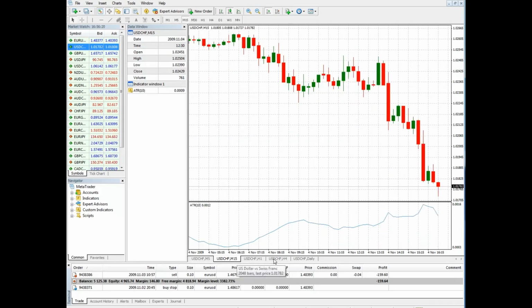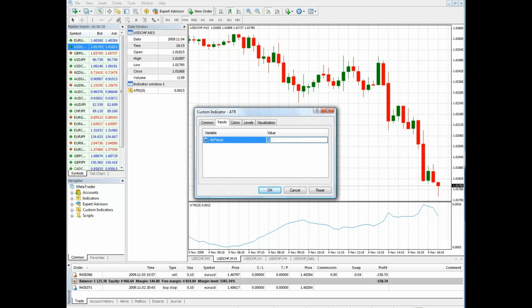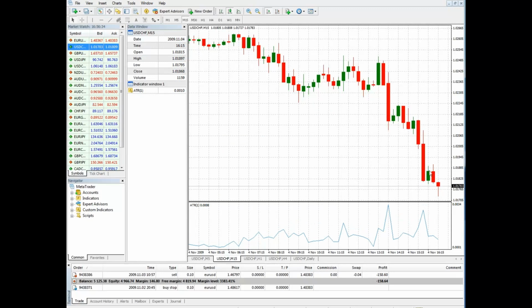I'd rather move up actually to a 15 minute, and let's see what that looks like. I just want to see the range of the bars, especially if we're looking to buy the breakout of the high, sell the breakout of the low.